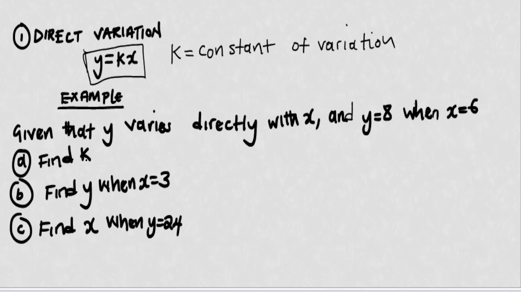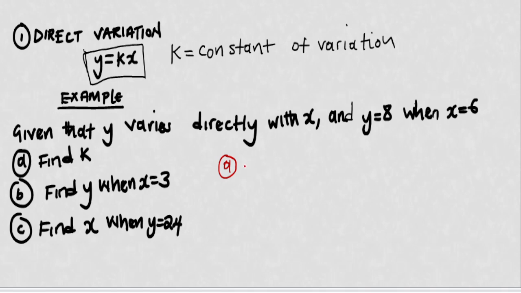Find k. Now k in this one is the constant of variation. Therefore, how can you go about this? Let's start with the first one. How can we find the value of k?